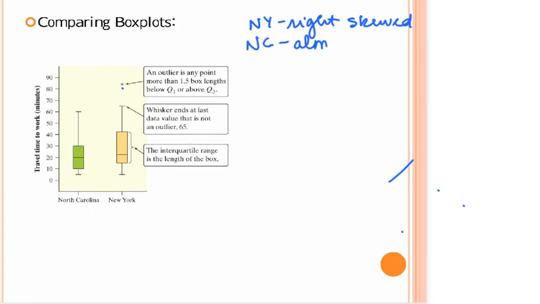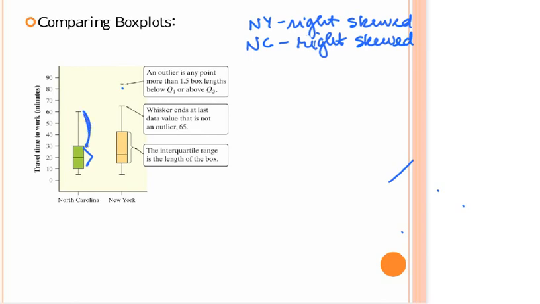Oh, no, never mind. Erase that thought. The North Carolina is also right skewed, because don't forget to look at your whisker. So even though the center part of the data, the 50% of this data looks symmetrical, this is long, so it is a right skewed distribution.